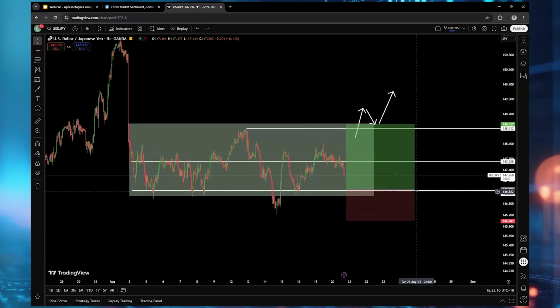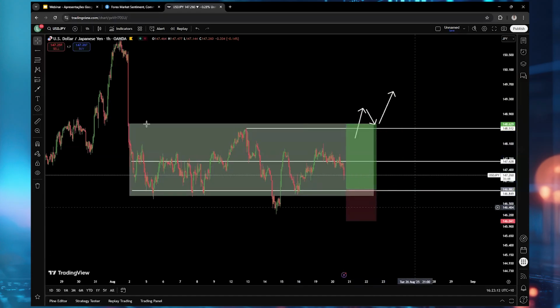Now, the second way to enter is coming back at the 50%. Now it starts to be a little bit trickier, okay? Because the risk reward won't be the same as if we're entering on the bottom, of course.